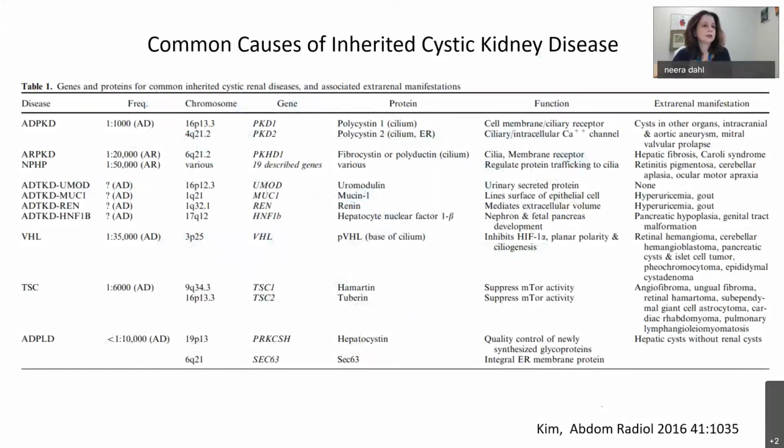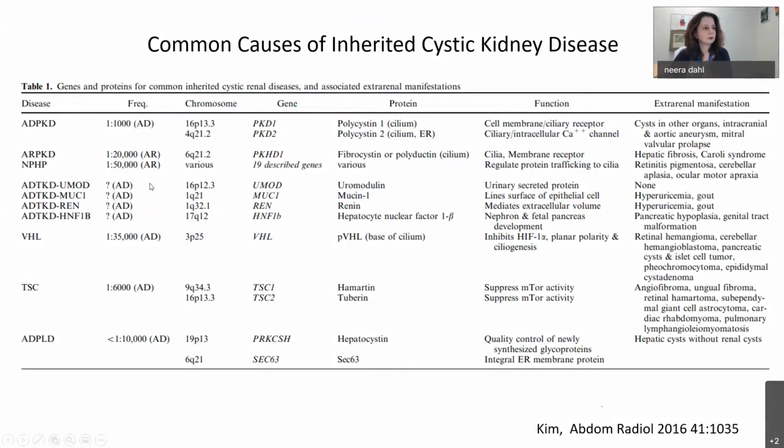Among the common causes of inherited kidney disease, we'll talk a lot about ADPKD, which is 1 in 500 to 1 in 1,000. That's distinctly different from the autosomal recessive form of PKD, ARPKD, which is 1 in 20,000 and due to a defect in the PKHD1 gene.